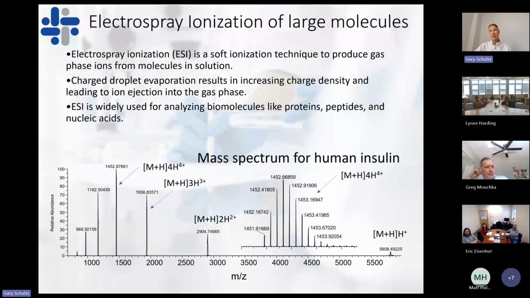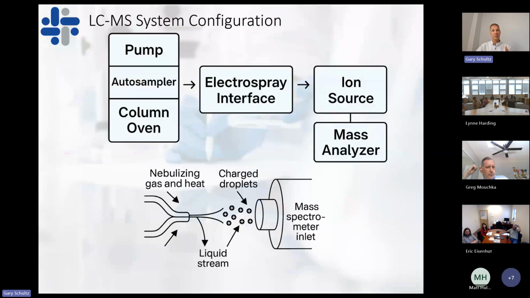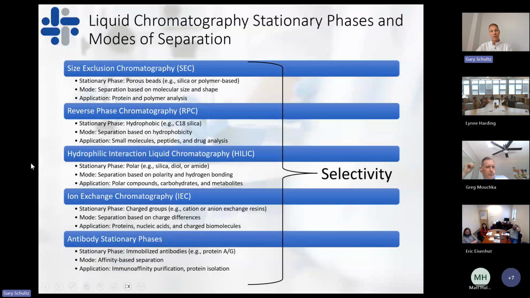Okay. And in order to get sensitivity, you have to remove the complexity of the sample matrix itself. We do that with sample cleanups at the bench using solid phase extraction modalities. There are all these different phases in chromatography, and these phases all exist in terms of solid phase extraction modalities too.